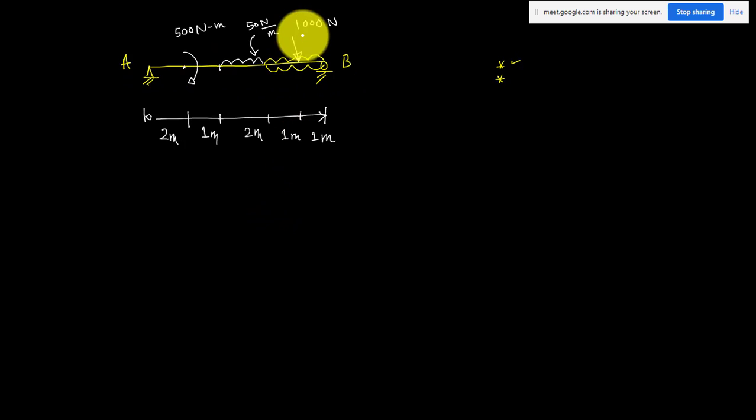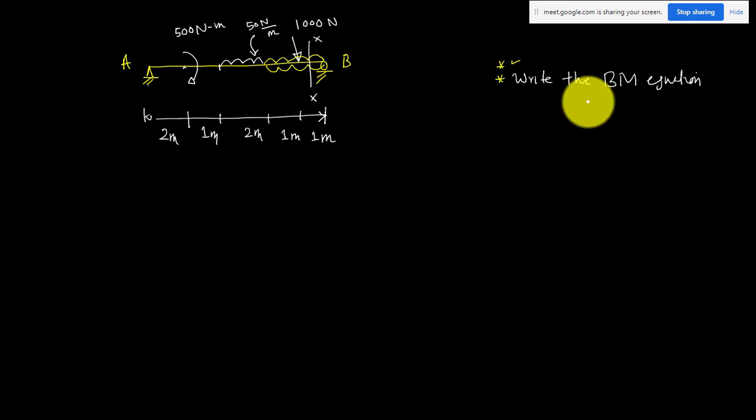But the only thing is we should take the section at the end span to write the moment. So the second step is to write the bending moment equation at the end span.